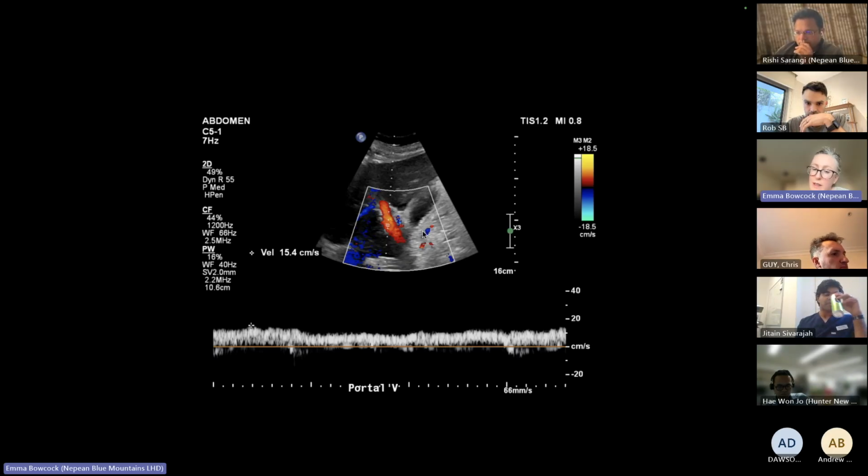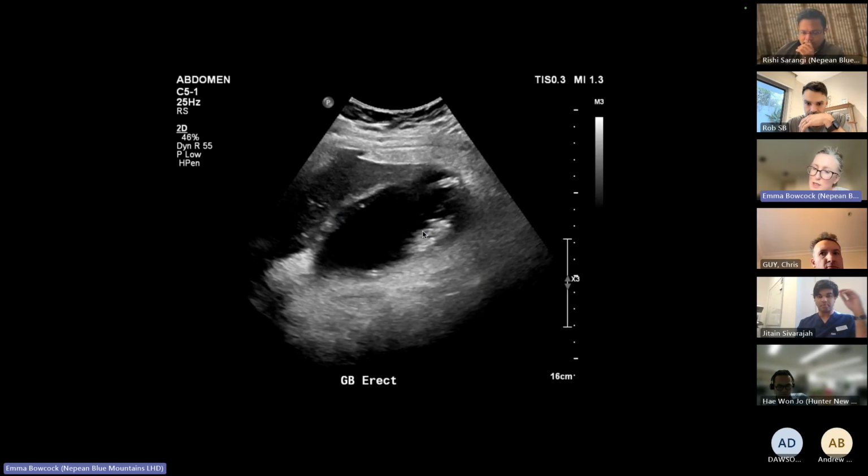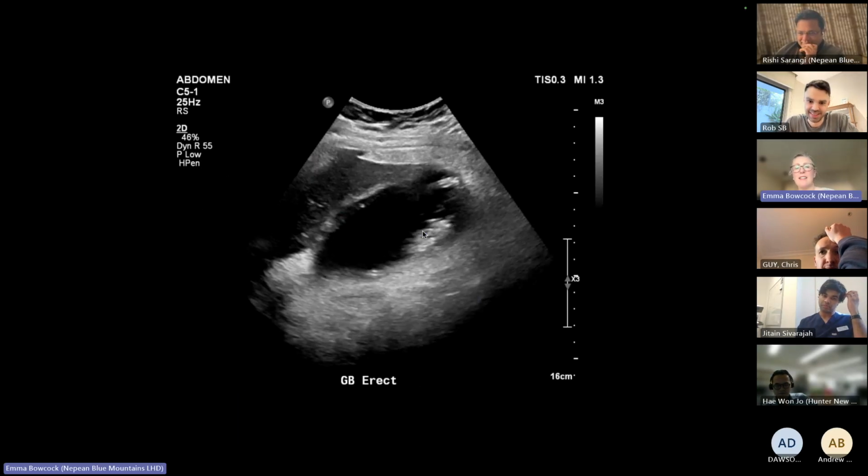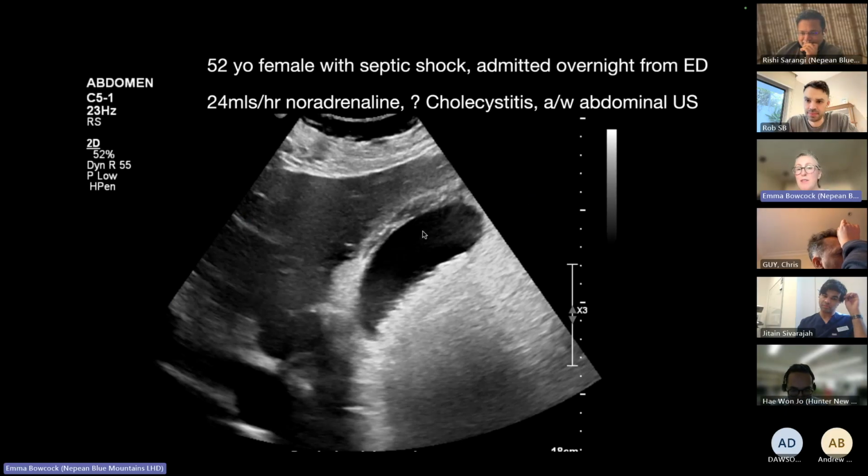I should have taken the labels off so it wasn't so easy for you to know what they were, but that was just showing a portal vein. So look, in terms of gallbladder pathology, that'll be the sort of level that's expected: to spot a thickened wall, to definitely be able to spot a dilated CBD, and say that you want to look for that. Don't miss the neck stone in the gallbladder.